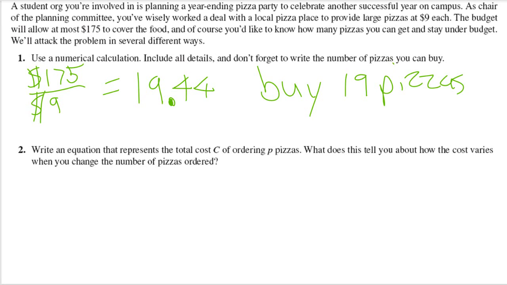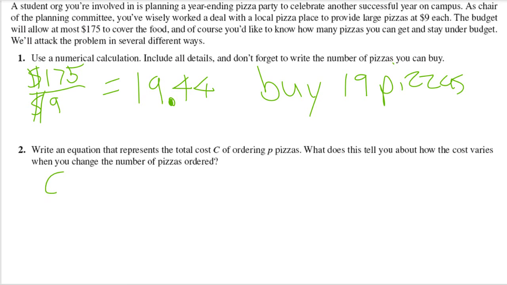So question 2, hopefully we have this understanding. Question 2 wants you to look at that from the standpoint of an equation. So restart the video after you've done question 2. Okay, question 2. Write an equation that represents the total cost, C, of ordering P pizzas.